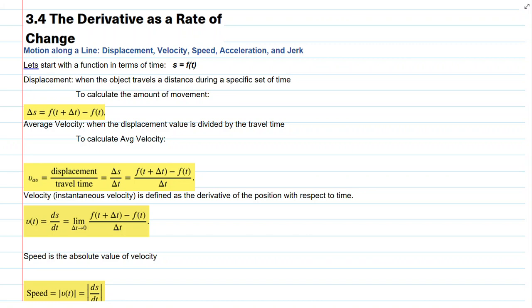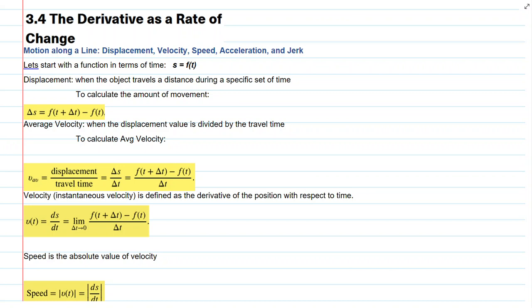We're going to start section 3.4, the derivative as a rate of change. A rate of change is movement. And what I said earlier was, why do we use S of t for a moving function?